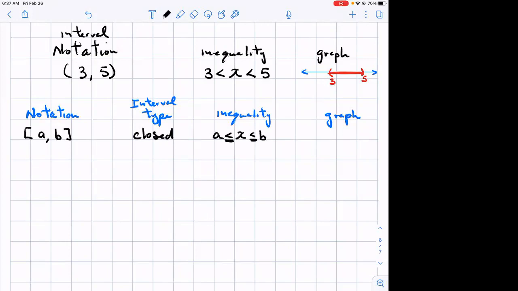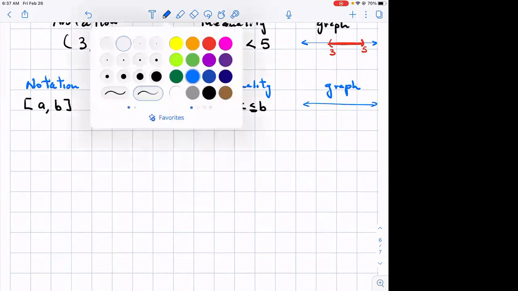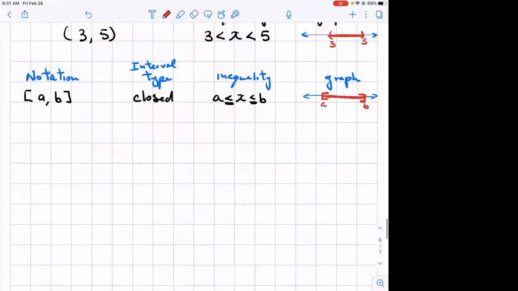On a graph, if this is A and this is B, we use brackets when they're closed. So that's a closed interval.